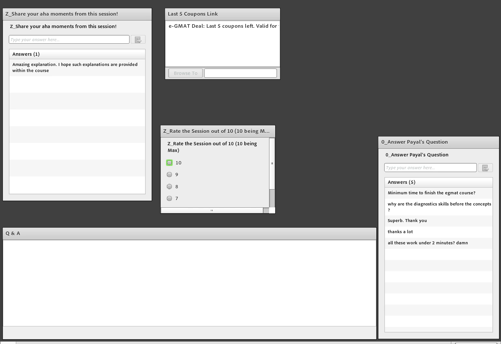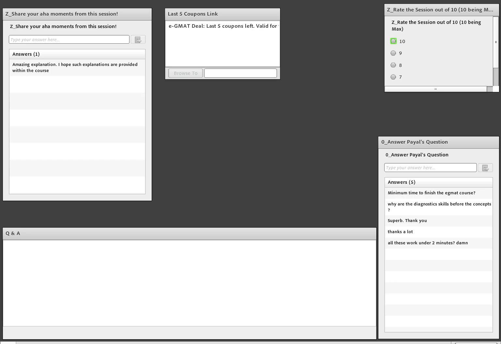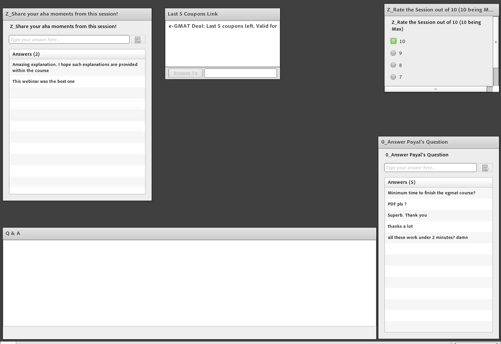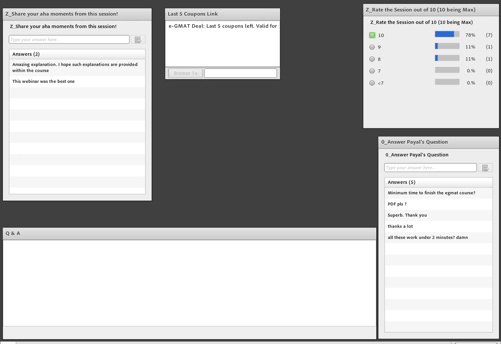What's the minimum time to finish the e-GMAT course? I think that's a question you shouldn't be asking, because I don't have a good answer for you, since I don't know what your ability score is. If you're starting at a very basic ability, you will probably need about 180 to 200 hours. If you're starting with a high ability score, you won't need that long.